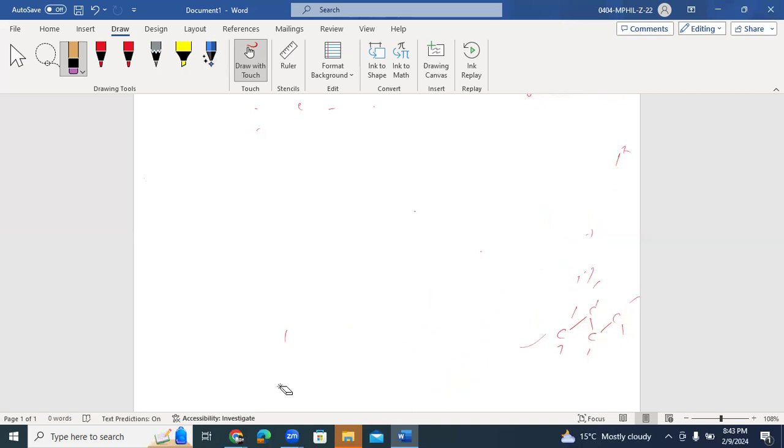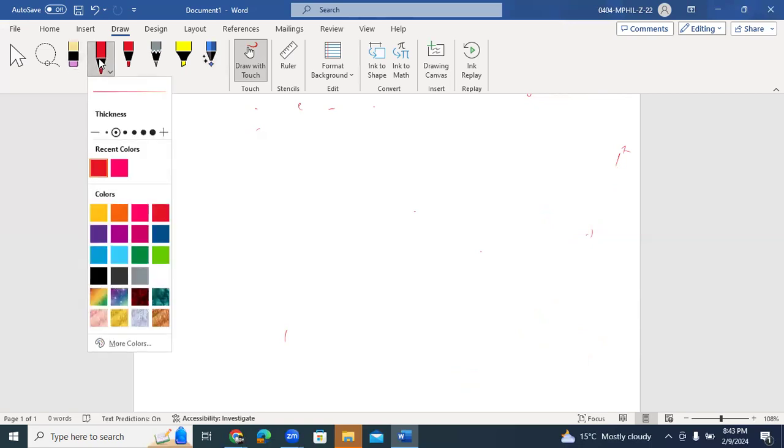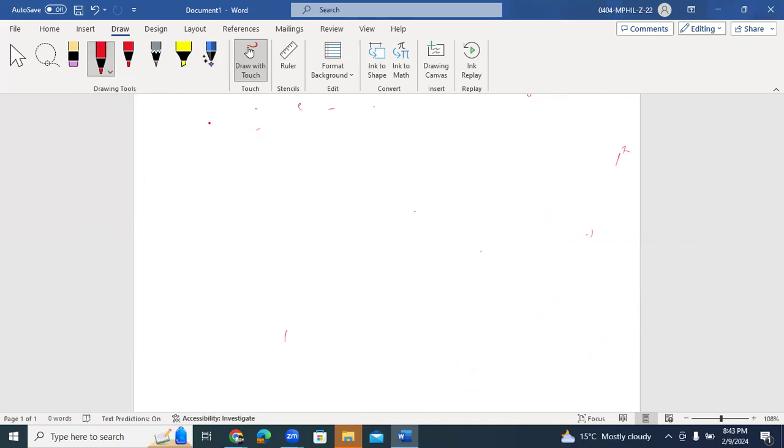Yes, sir. So in this case, we will observe that the fatty acids which are present in triglycerides will be attached by the combination of an ester bond.